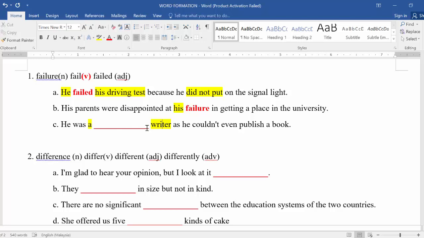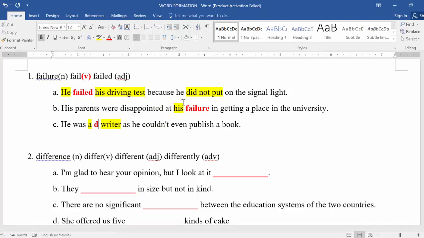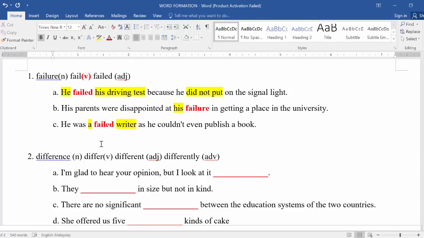So this one should be an adjective, which is describing the noun at the back. So your answer here should be the adjective, failed. Failed here is describing a writer. Because he couldn't even publish a book. He's a writer, but he can't even publish a book. So he is a failed writer.